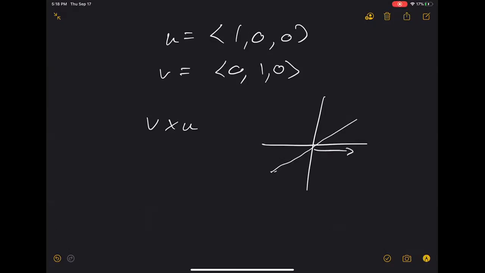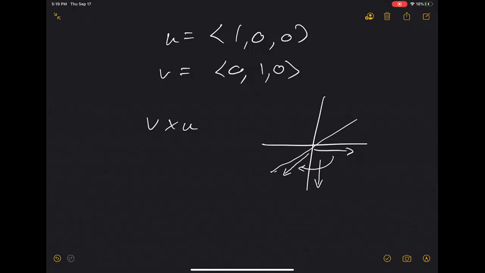I point my right hand fingers along this, and then I curl them towards u, which is pointing this way. Which way is my thumb pointing? There's only one possibility, right? I always take the shortest route. So my thumb has to be pointing down that way. The answer would be the negative z direction.